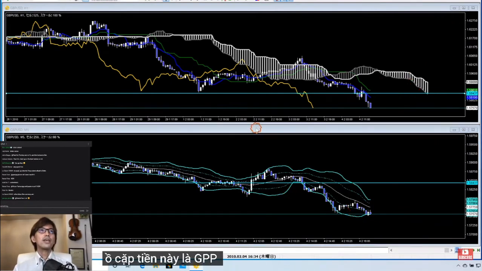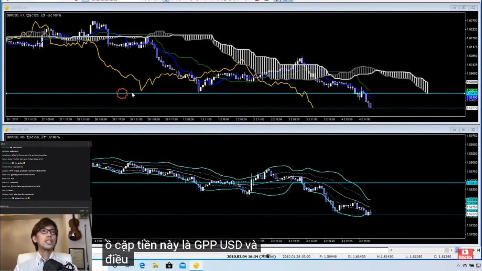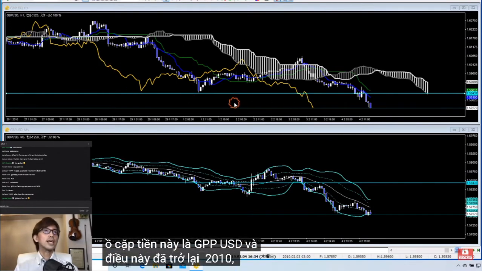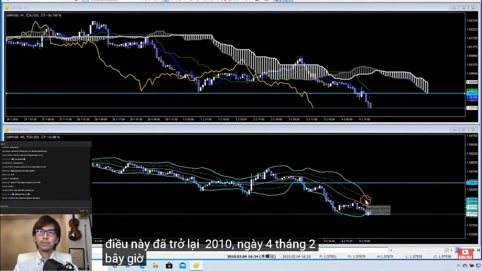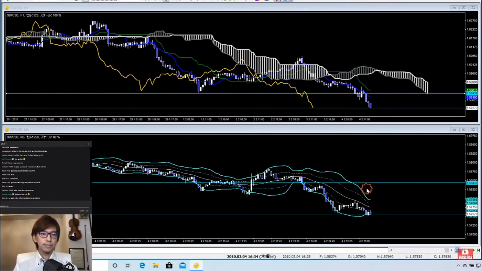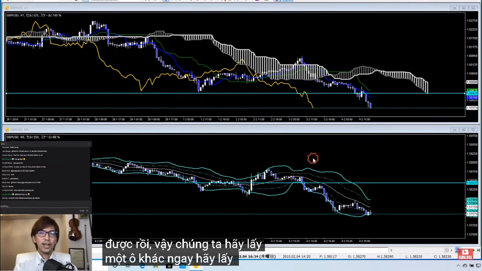Oh, this currency pair is GBP USD, and this was way back in 2010, February 4th now. Okay, all right. So let's take another sell.